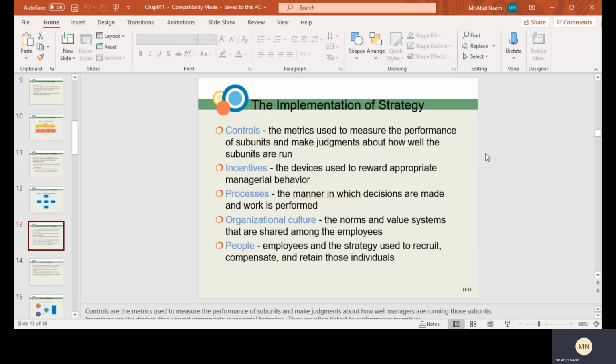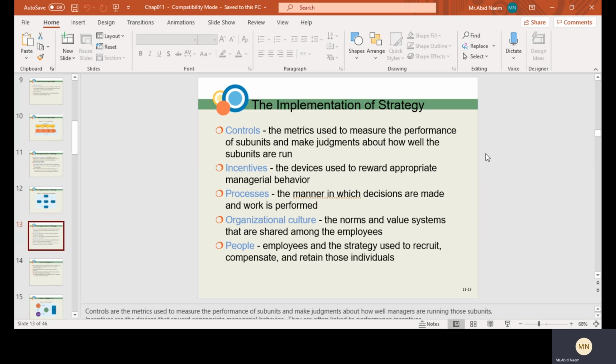Okay, now how are you going to implement your proposed strategy? First of all, you have to develop the control mechanisms through which you are going to periodically analyze the performance and outcomes of your implemented strategy. Controls are the metrics used to measure the performance of subunits and make judgments about how well the subunits are run.